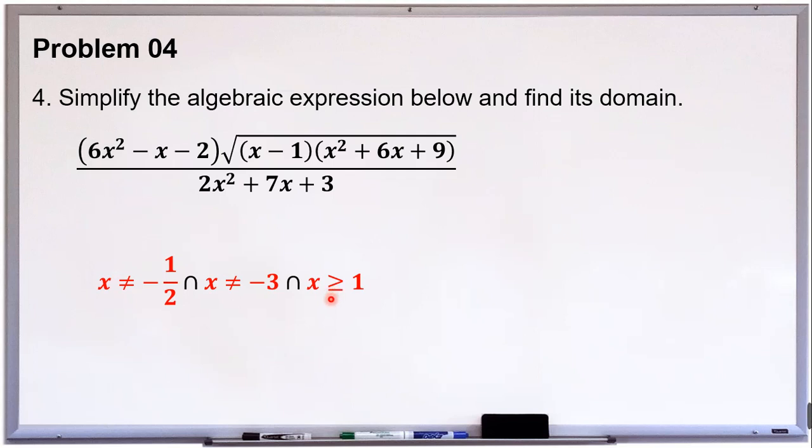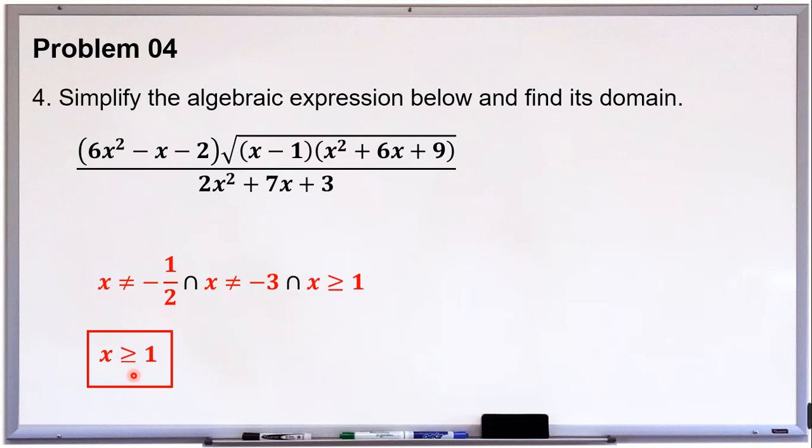If you plot this on the real number line, you can observe that the common values of x lie on x greater than or equal to 1. So this will be our final answer for the domain of the given algebraic expression.